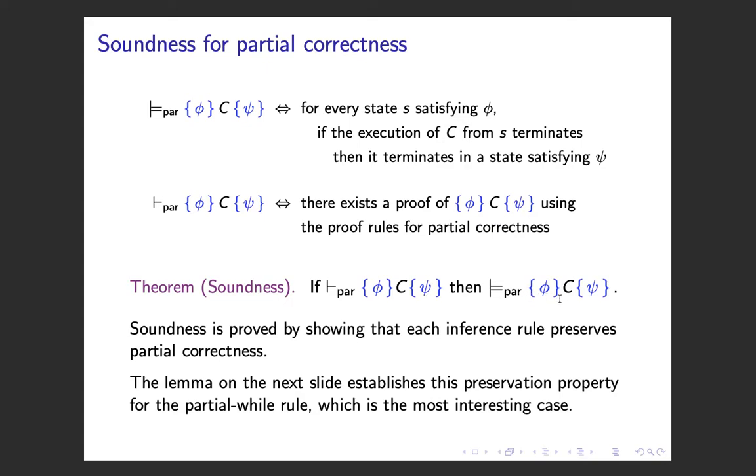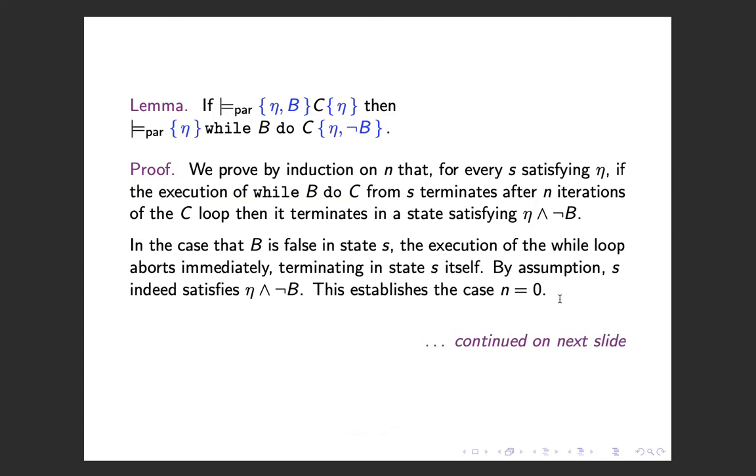So in this case, soundness is proved by showing that each inference rule preserves partial correctness. And the most interesting case is proving that the partial while rule preserves correctness. So this lemma states the preservation of correctness.